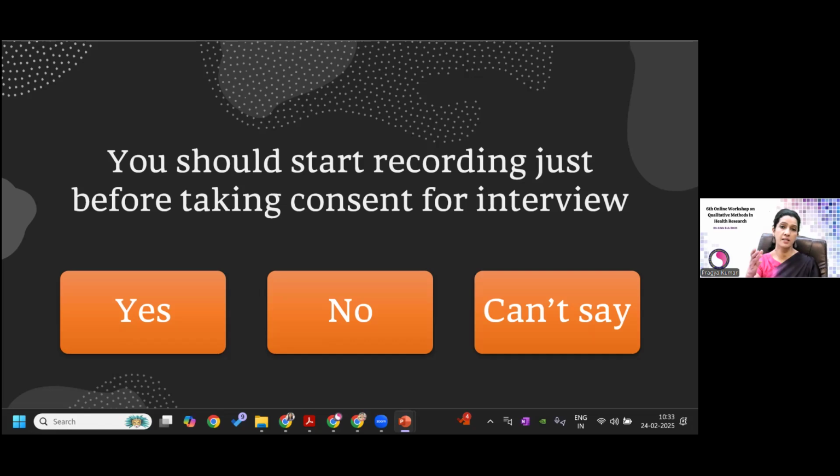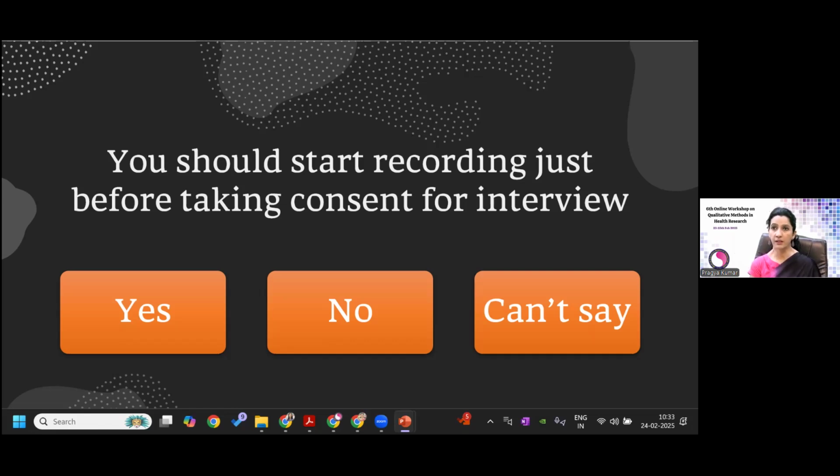Why? Because unnecessarily that much memory will be consumed on your devices, and when you are making the transcript, you will have to listen to that much and then start the transcript from the question which is needed. So Priyanka is asking, but for recording also we need to take consent.